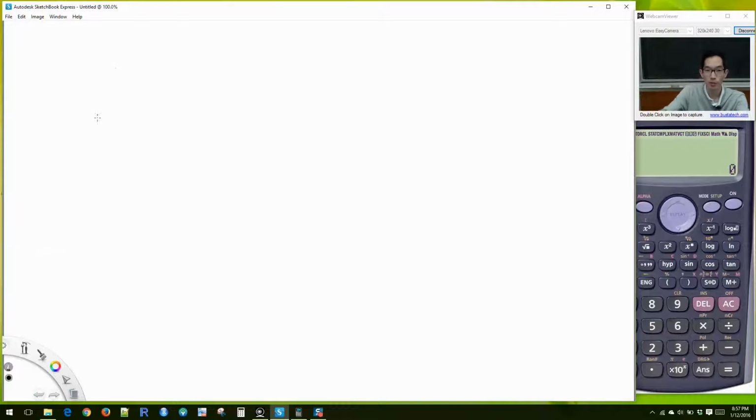We're dealing with numeric data, and so the mean is a measure of center, and we can think of it as the balance point in our data.